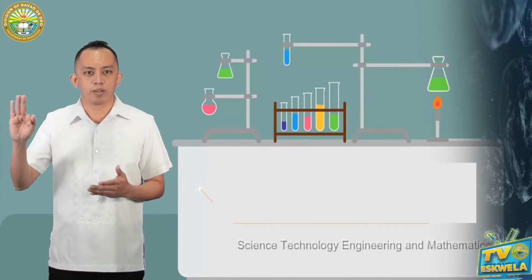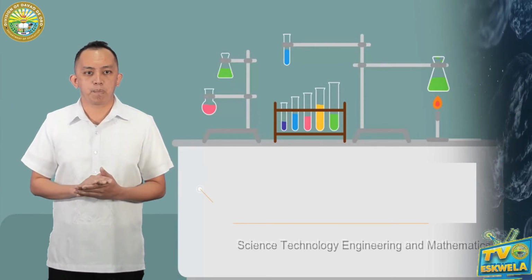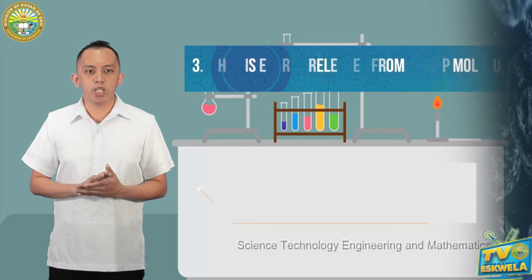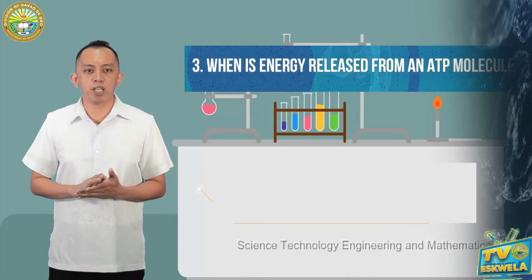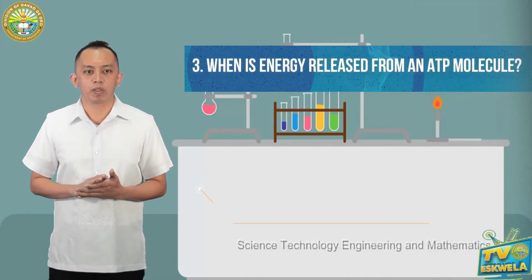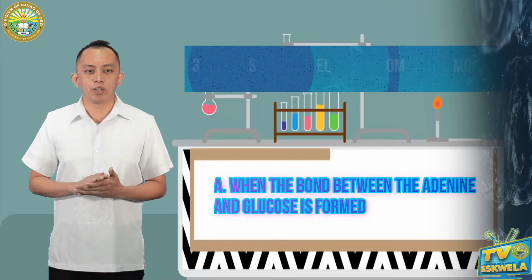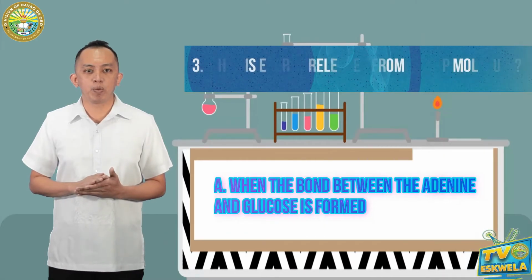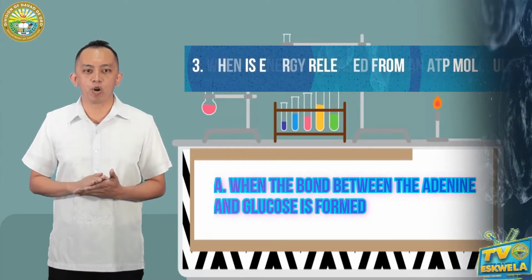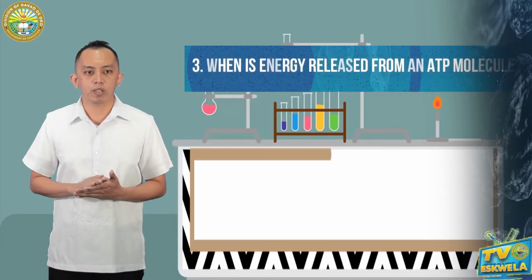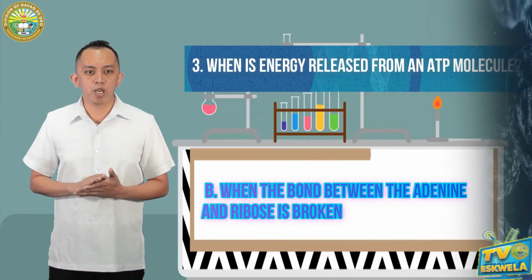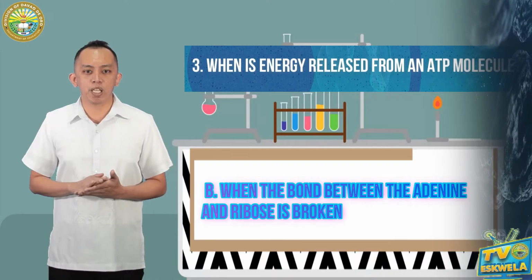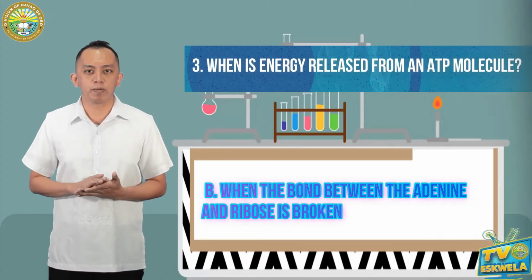Question number 3. When is energy released from an ATP molecule? Letter A, when the bond between the adenine and glucose is formed. Letter B, when the bond between the adenine and a ribose is broken.